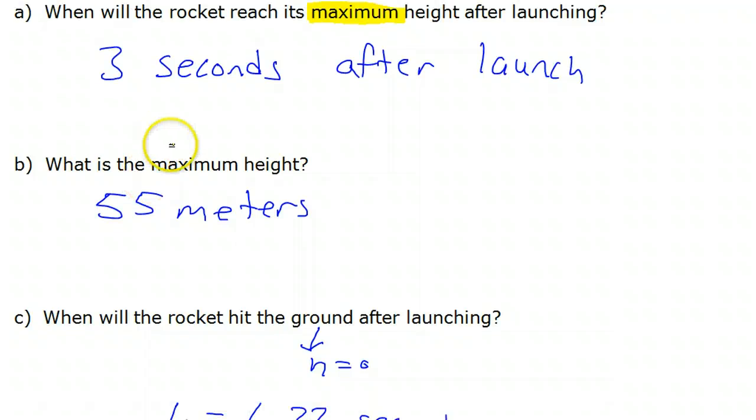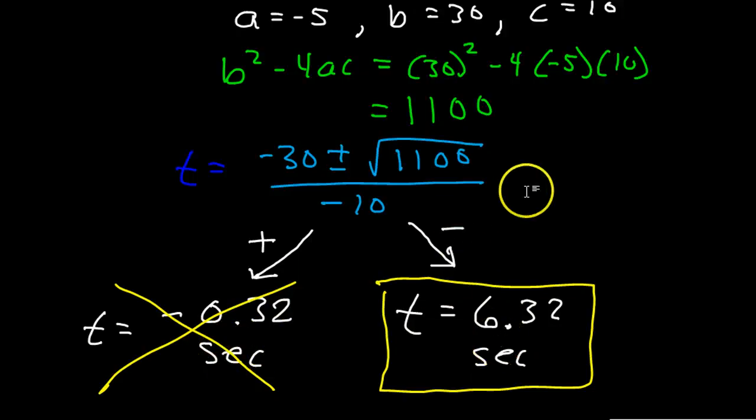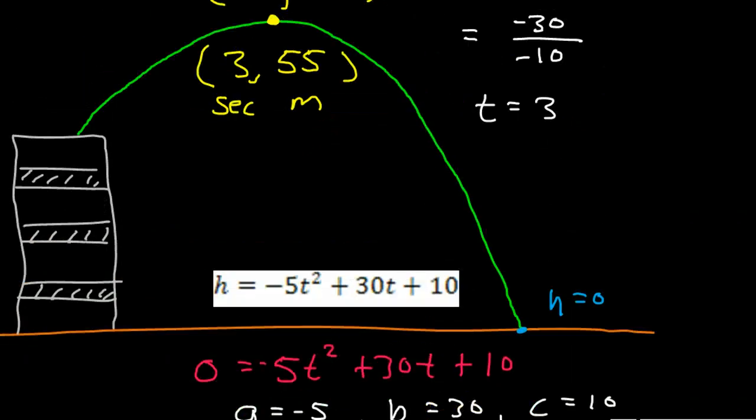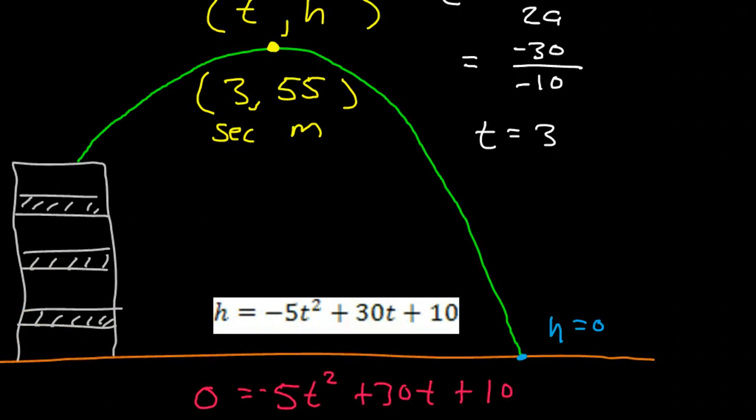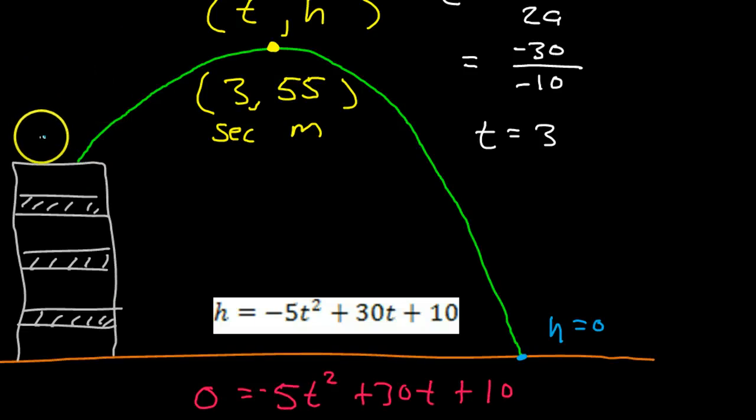For number 13. But let's just take one more look at the picture. 6.32 seconds. So understand the path. What happened was we started here at time 0, at the beginning.